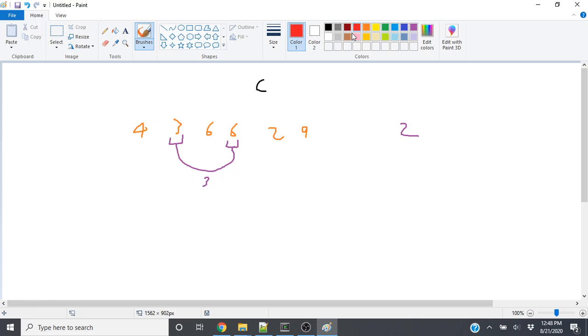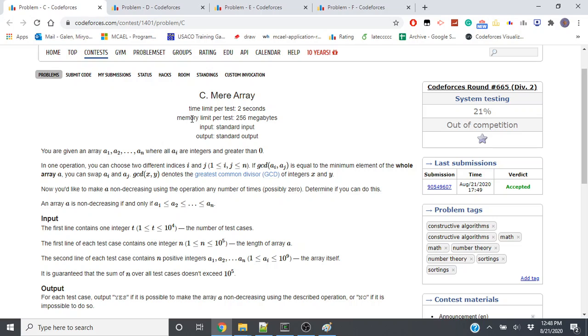Now, if this greatest common divisor, GCD, is equal to the minimum element, then you're allowed to swap these two. Otherwise, you can't. Your goal is to determine if it's possible to sort the array or not. You don't have to print the operations, but it's not that big a deal if you do. So you don't.